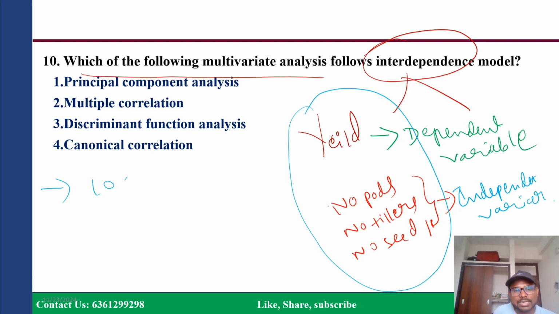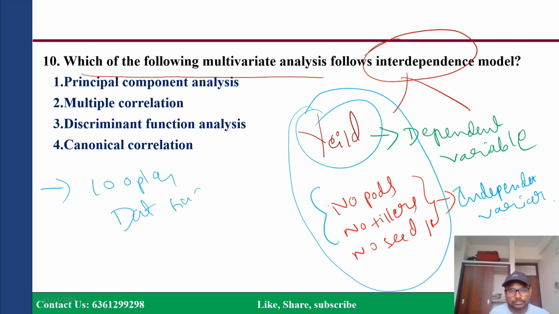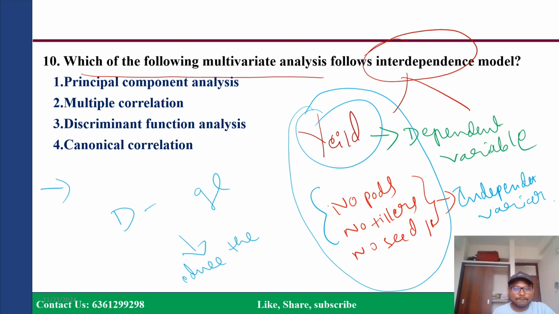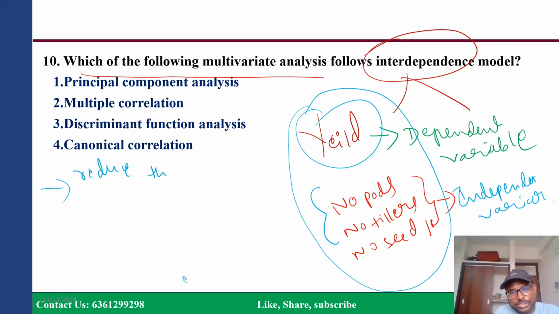For example, if you are analyzing your data, you have 1,000 plants and so many independent traits, and you have to compare among them. But it's a huge data. Data is huge, so what will we do? We have to reduce the dimension of the data.